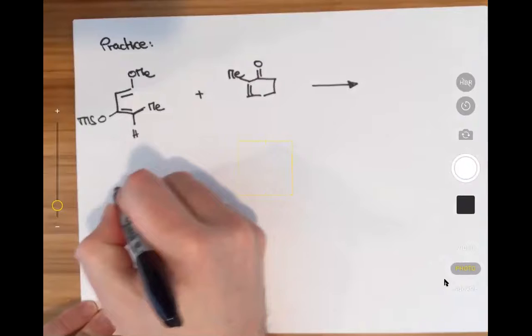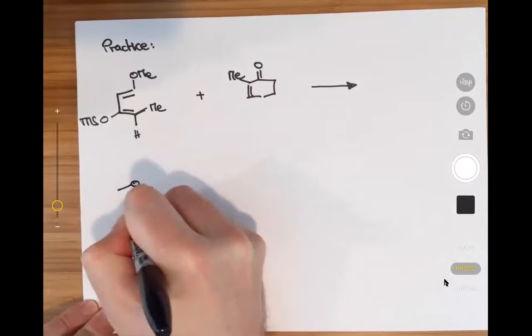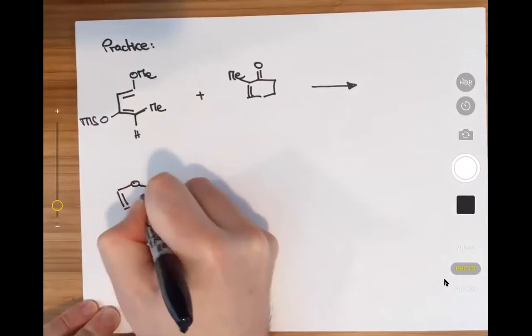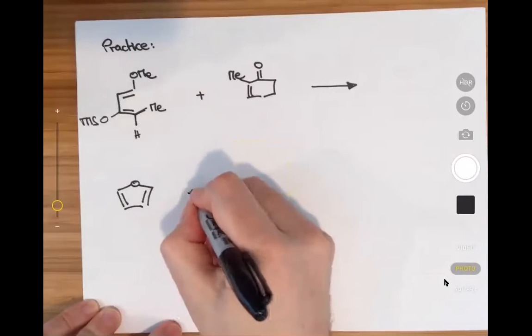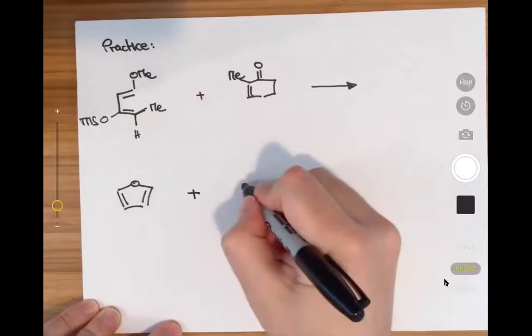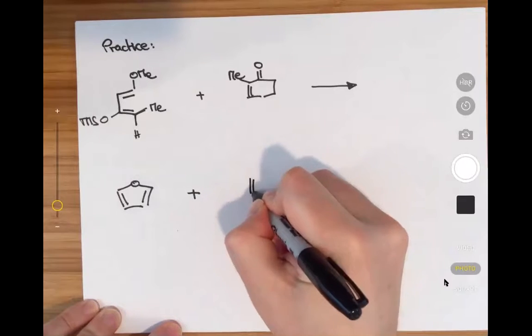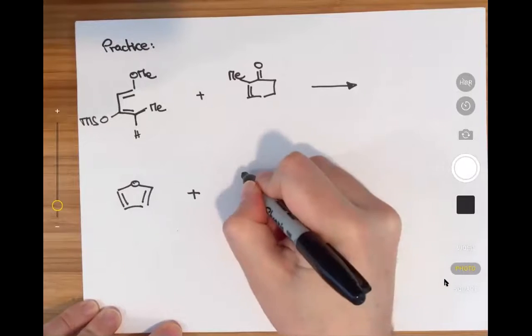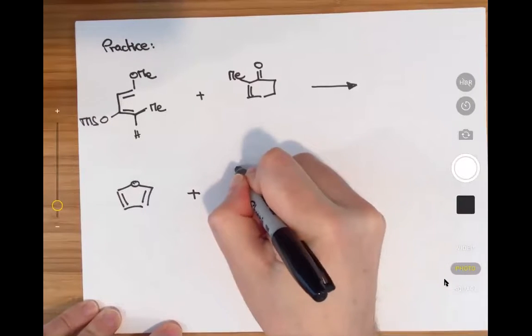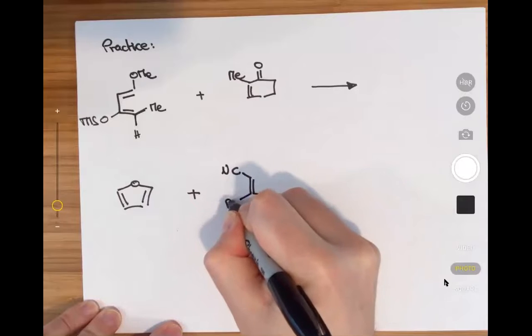Now, the other example that I want you to practice is something like this. So this is a furan, and you can react this with, let's see, an ethyl group here, and let's put a nitrile here, and let's put on this side a phenyl group.